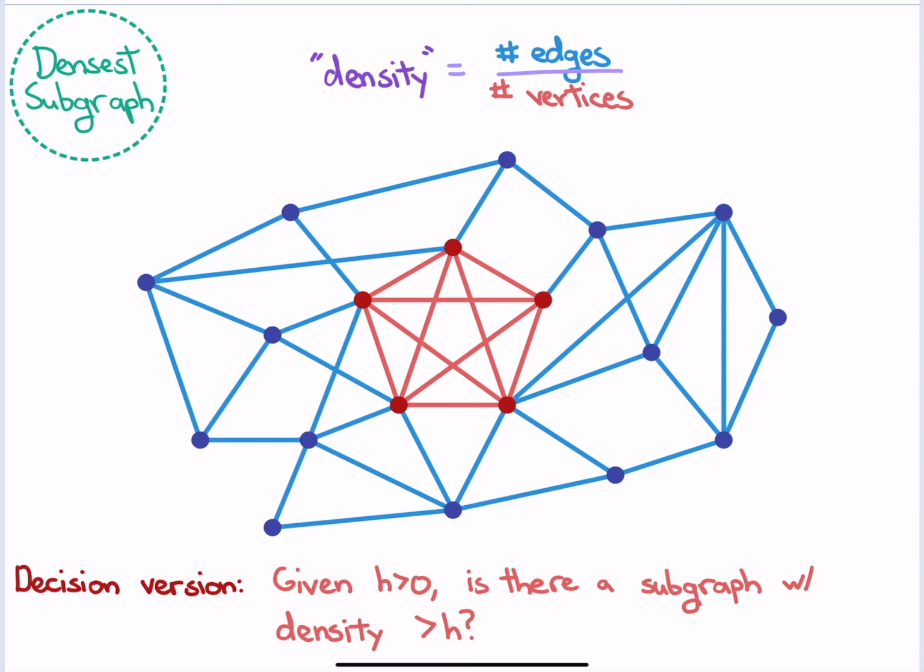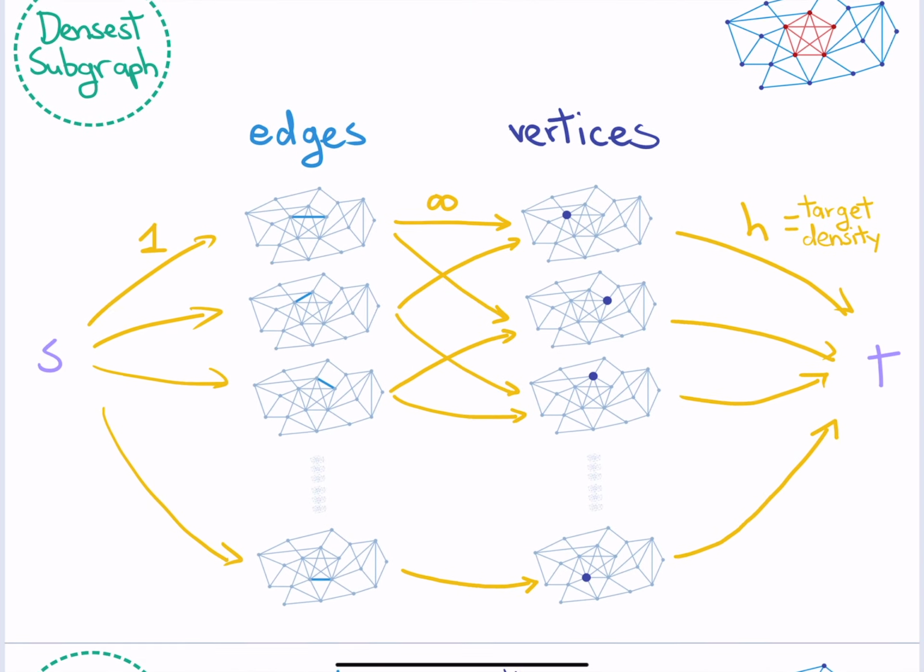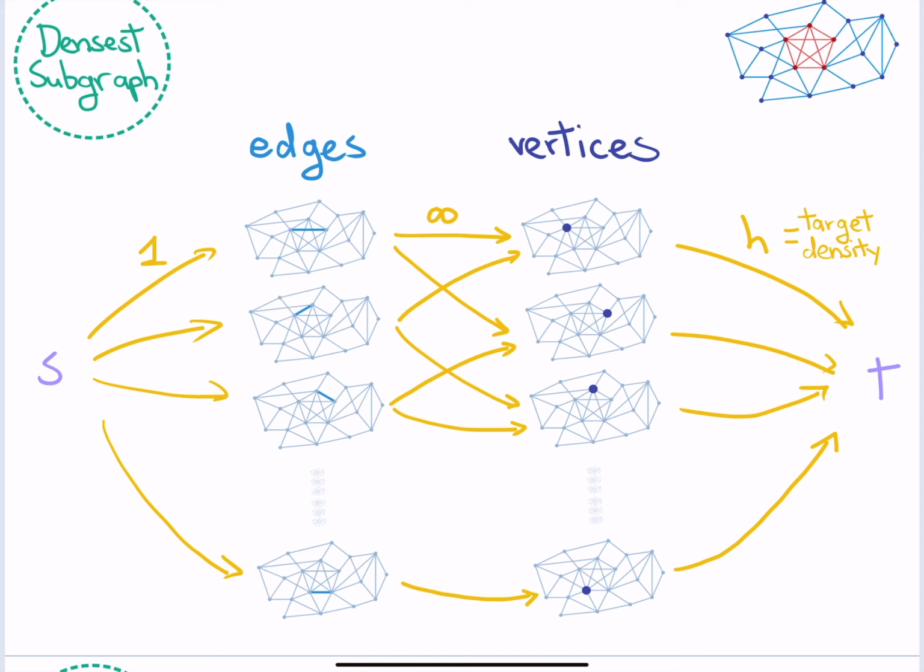Any ideas for this? I think the only idea is how do we get out of here fast, so I'll just go. Same idea as before. I'm going to make sure we have infinite capacity in the middle this time.